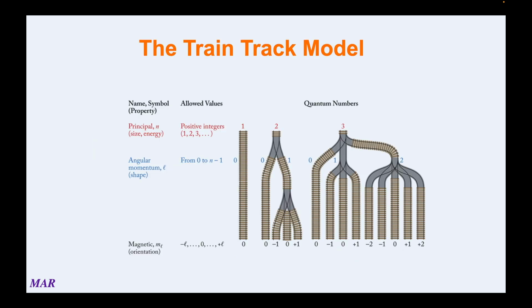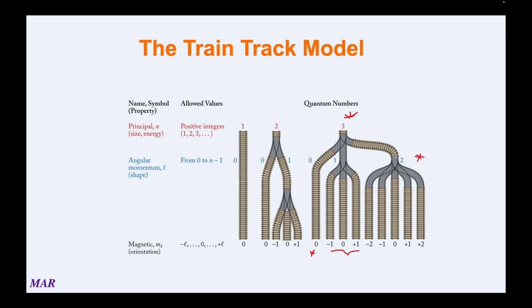Some people prefer the train track model when thinking about quantum numbers, which is fantastic. We just looked at the n equals 3 example right there. And n equals 3 broke down into L values of 0, 1, and 2. So when L equals 0, there was only one m sub L value, one orbital. But when L equals 1, there were 3 m sub L values, or 3 orbitals.